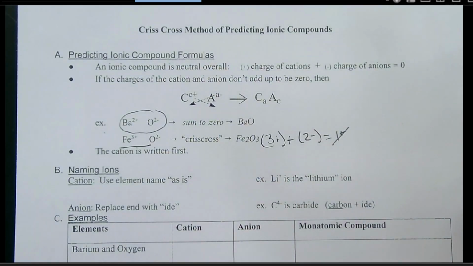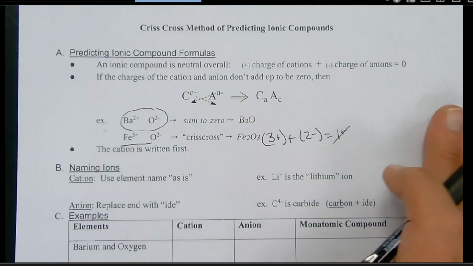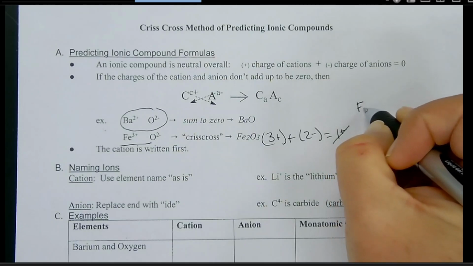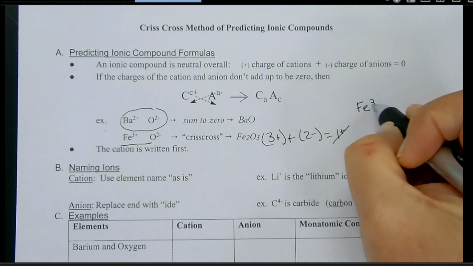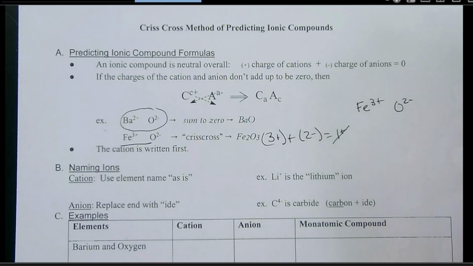So what are we going to do in that case? That's when our crisscross comes in, and I'm going to show you a couple of things, such as this iron. I would take iron 3+, and I would put over on the other side oxygen 2-.